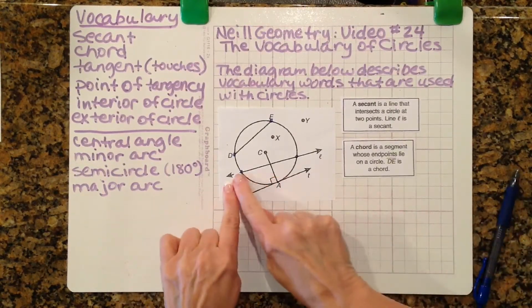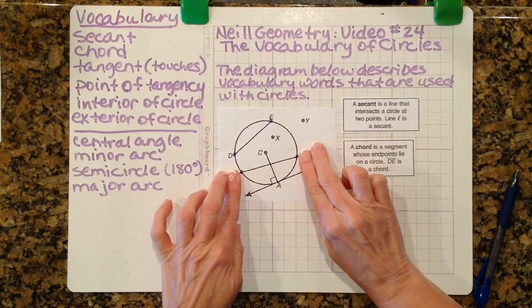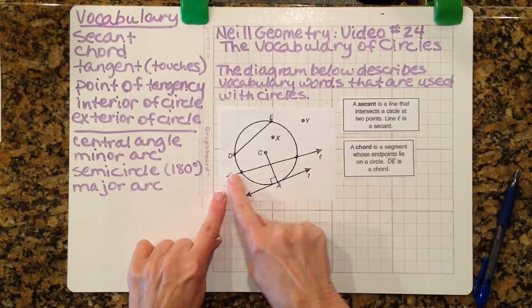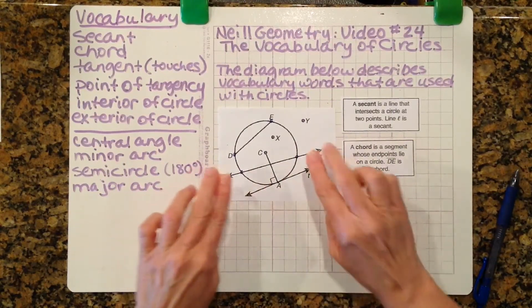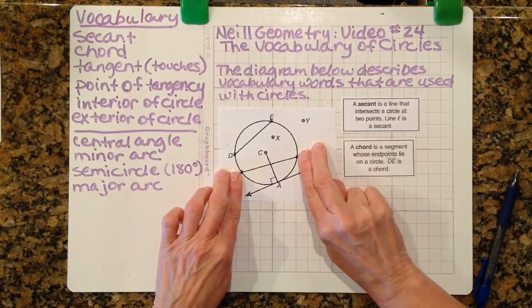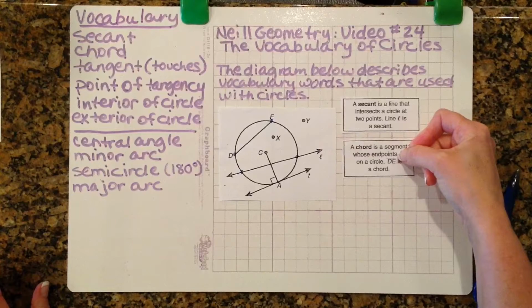But if I took the secant L right here and covered it up, that would be a chord right there. So you can have a secant line, and then within that secant line, you can have a chord. And the chord, though, is the line segment. So one is the line and one is the line segment.